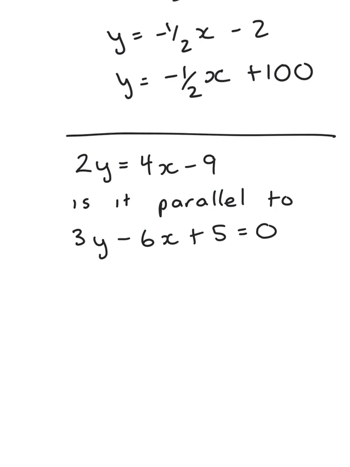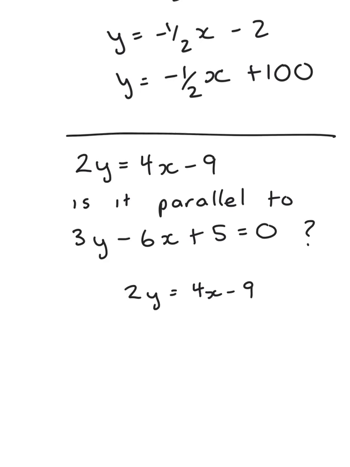Here is a slightly harder question. I am being asked to determine whether 2y equals 4x take 9 and 3y take 6x plus 5 equals 0 are parallel to each other. To solve this question, I must determine the gradient of each line. 2y equals 4x take 9.